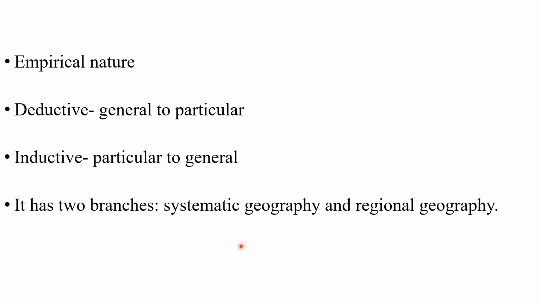First is systematic geography and another one is regional geography. As we know, systematic geography means, if we take the example of sugarcane, whenever we start an investigation of sugarcane or sugar, we start our study from the sugarcane.